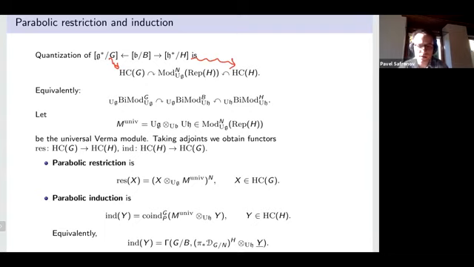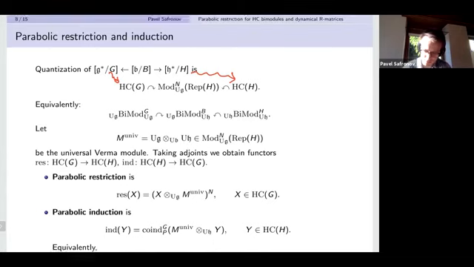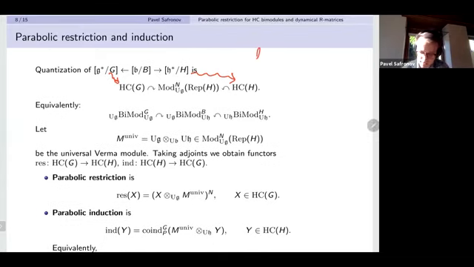Now, there are many ways to write this B mod B, but one way to write this is as G dual Hamiltonian reduction by N, and then ordinary quotient by H.